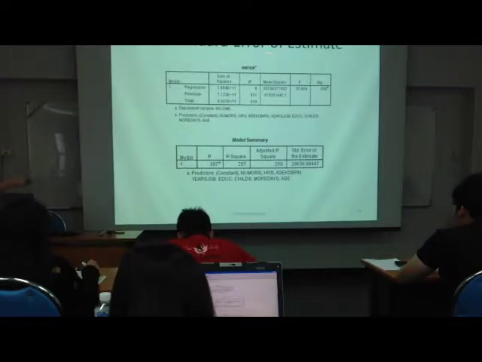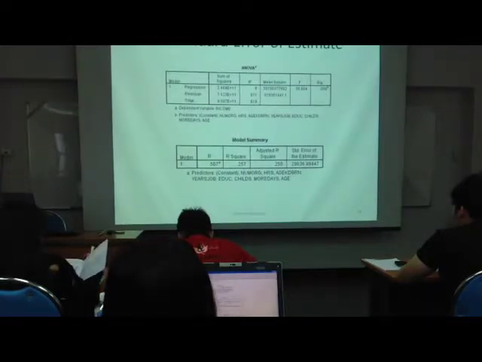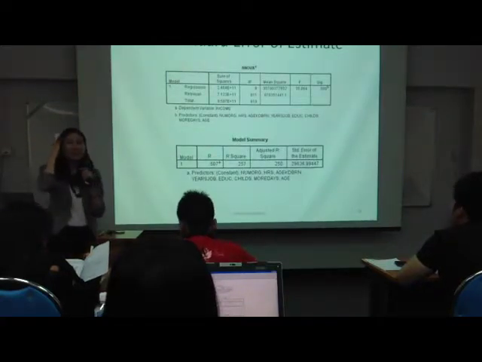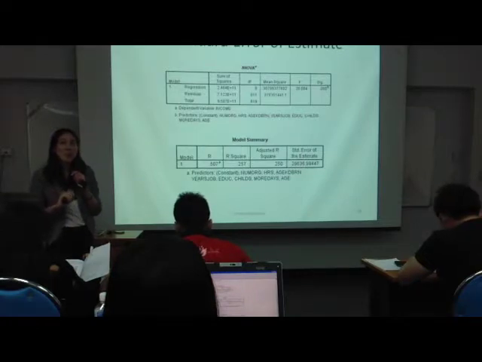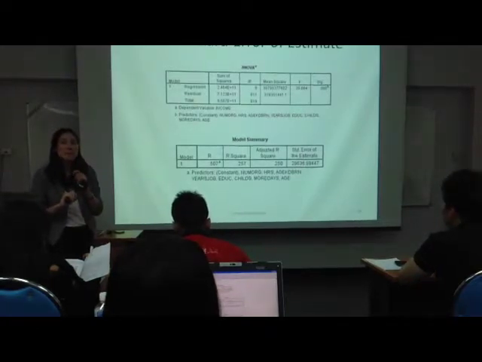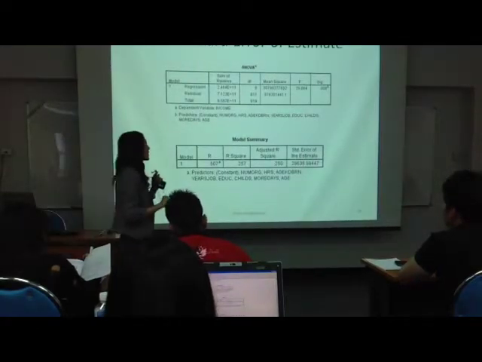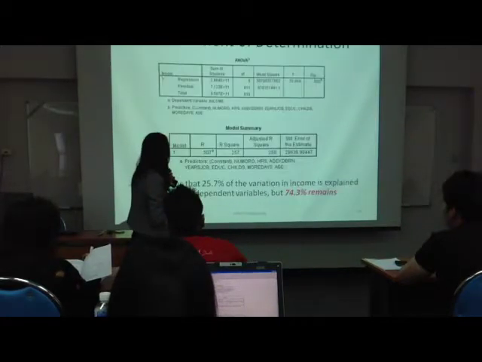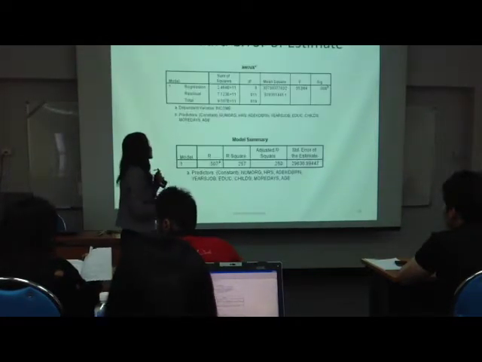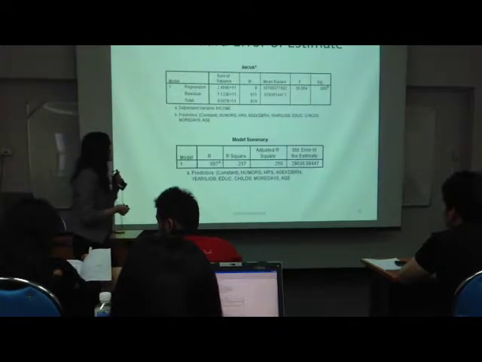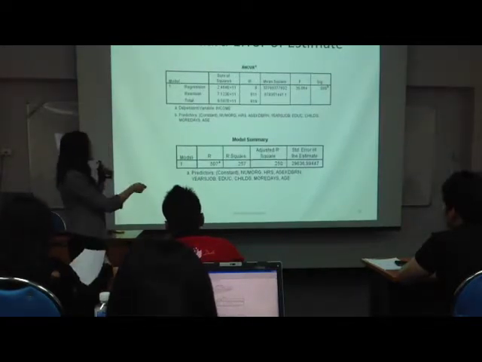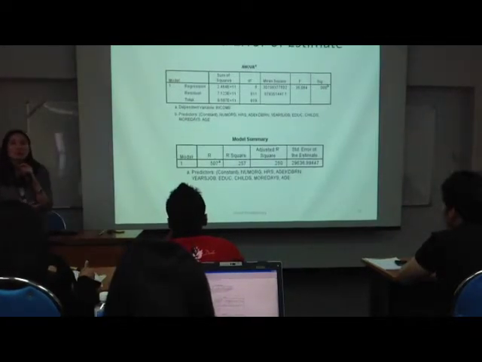From the top table, how can you find the standard error?